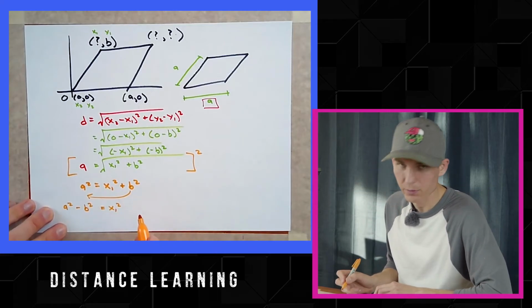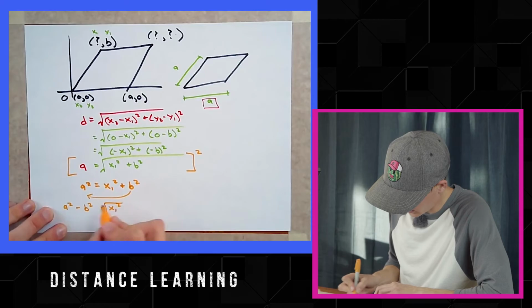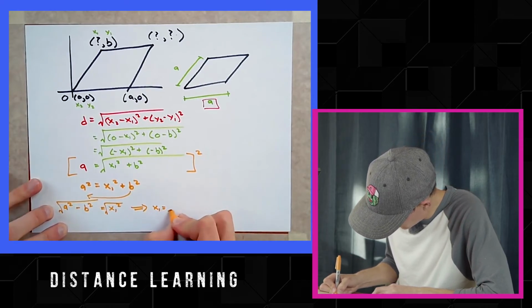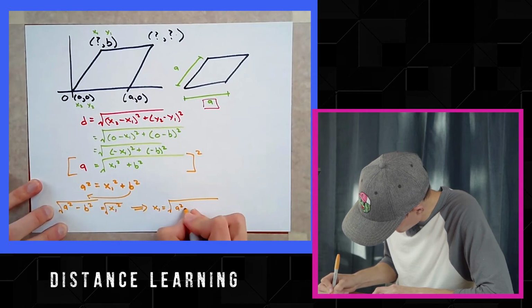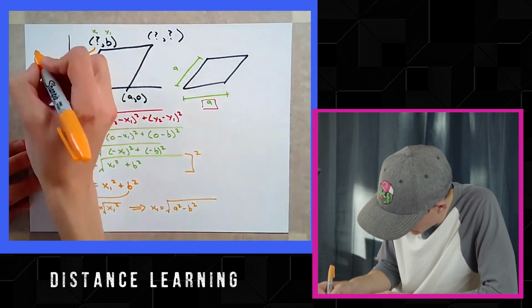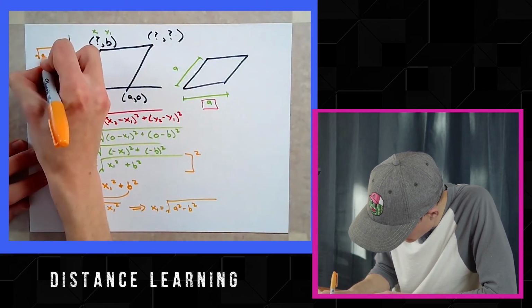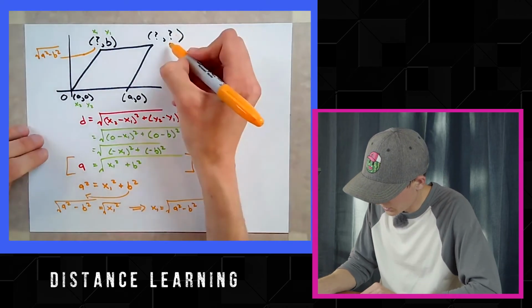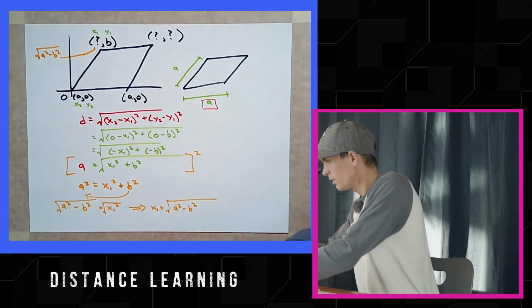I don't want x1 squared, I want x1. Take the square root. So x1 equals the square root of a squared minus b squared. So that little dude right there is the square root of a squared minus b squared.